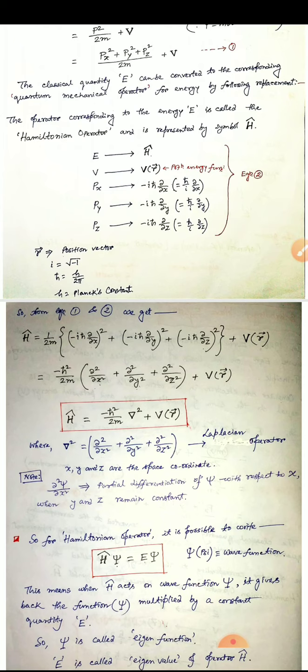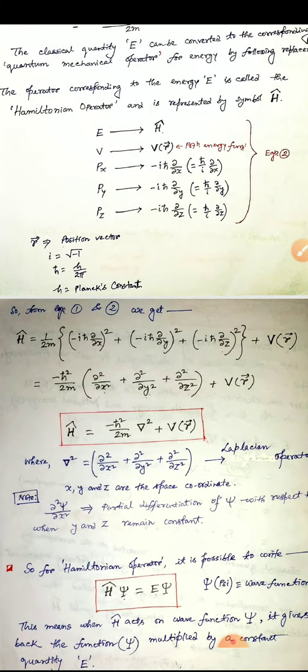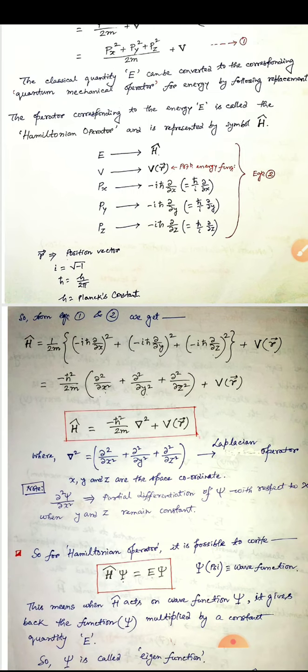This is, again zooming it, H = 1/2m times (-iħ d/dx)² plus (-iħ d/dy)² plus (-iħ d/dz)², plus the potential function part.